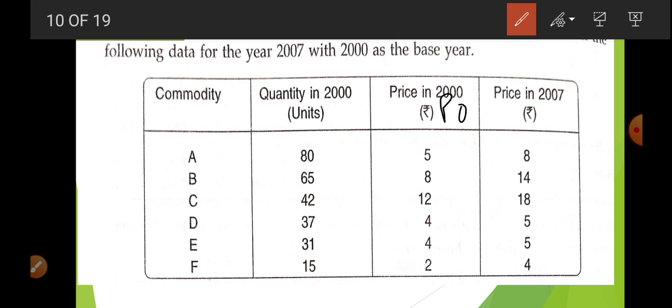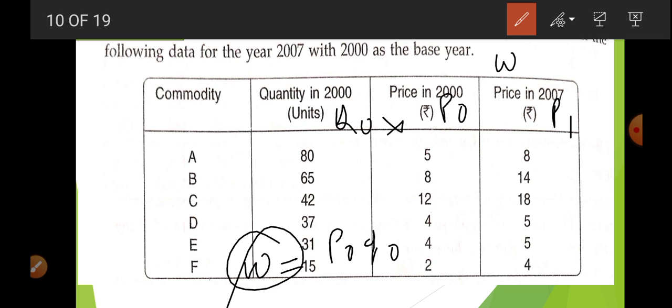Okay, and this is your current year price, and this Q is given. So W is not given here. So for getting the W, we use the equation P0 Q0. When we multiply these two, we get the weight.